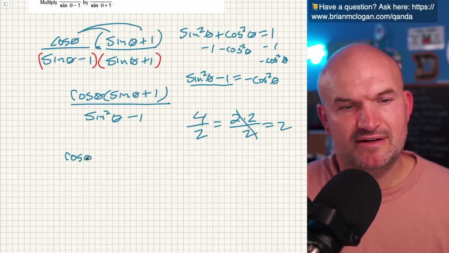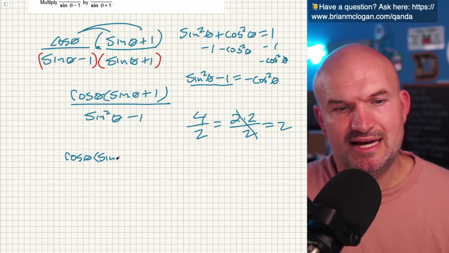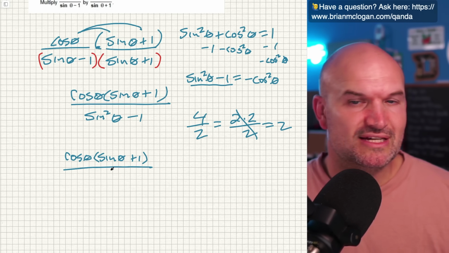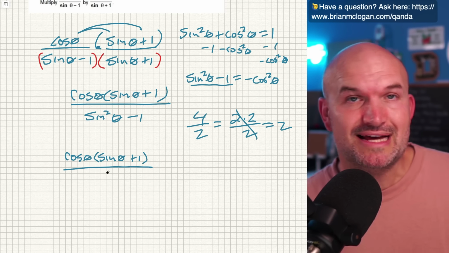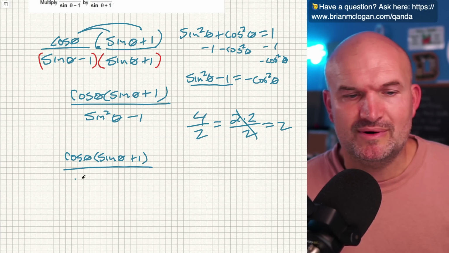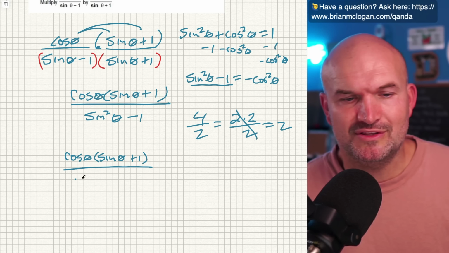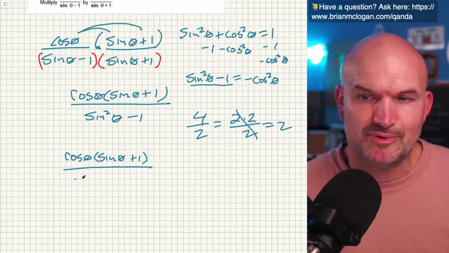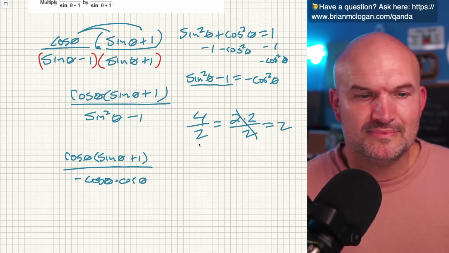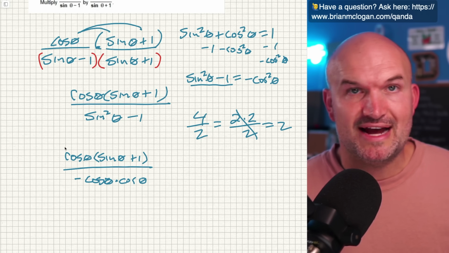So let's see what that's going to look like. I have cosine of theta times sine of theta plus 1. Remember, cosine squared is the same as cosine times cosine, so I'm going to rewrite the denominator as negative cosine of theta times cosine of theta. You don't have to do this, but it's just for our counting purposes, so you can see that these cosines divide out.